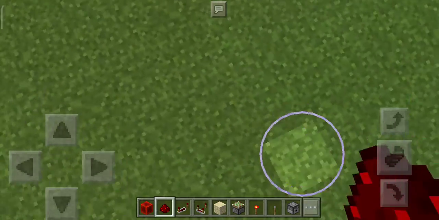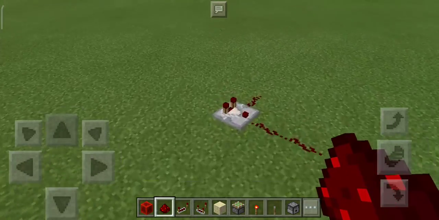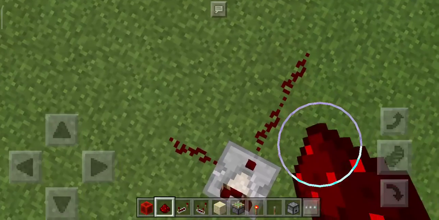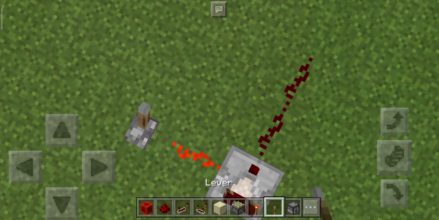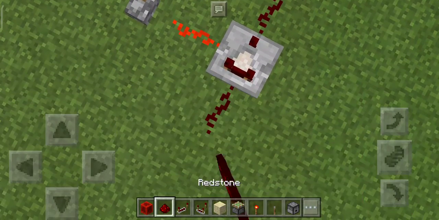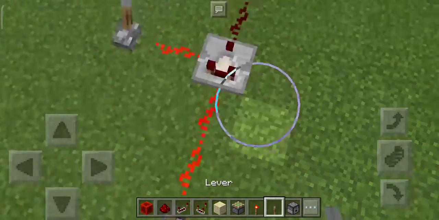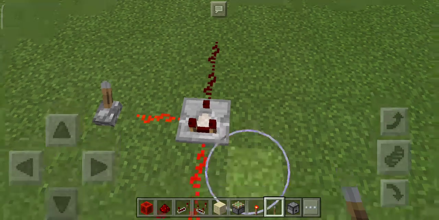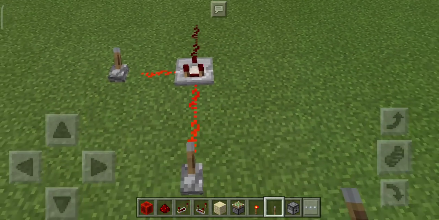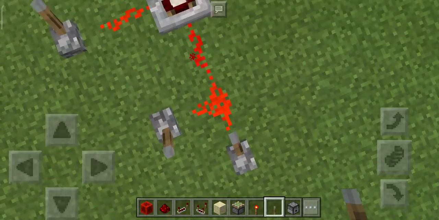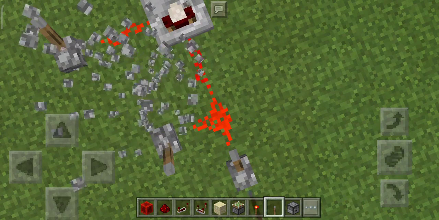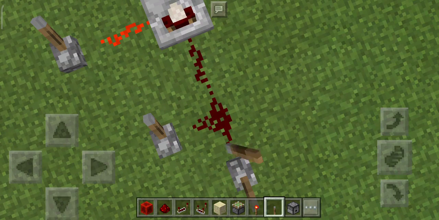Equipped with that knowledge, if I put a piece of redstone here, we can see it is not going through, because this is 15 and then this becomes 14, right?